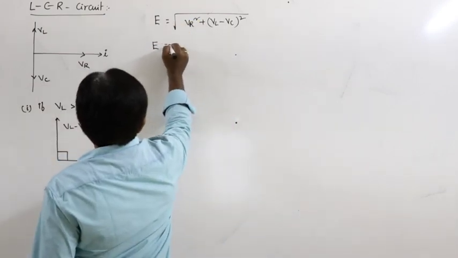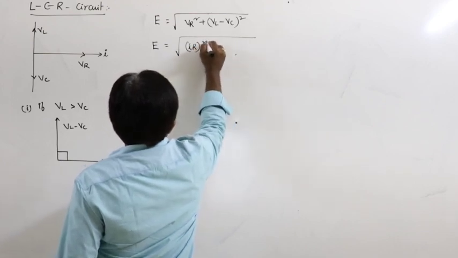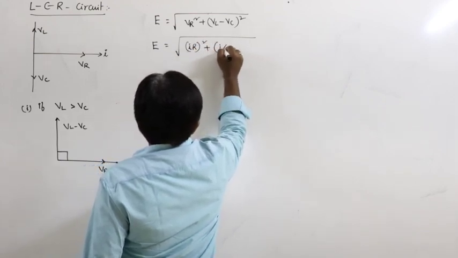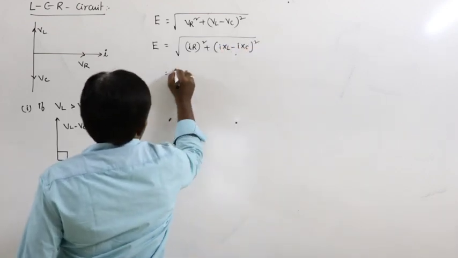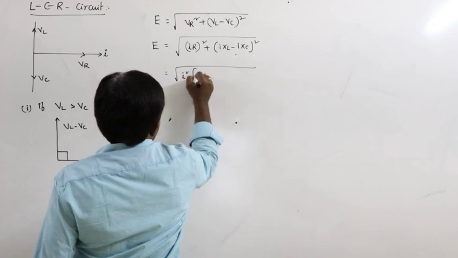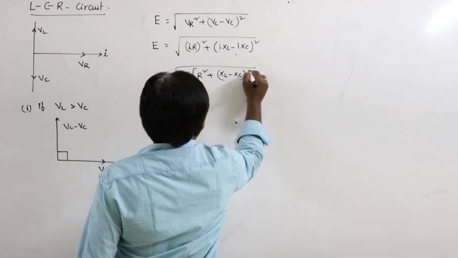Then IE is equal to square root of IR whole square plus IXL minus IXC whole square. I common, I square, R square plus XL minus XC whole square.